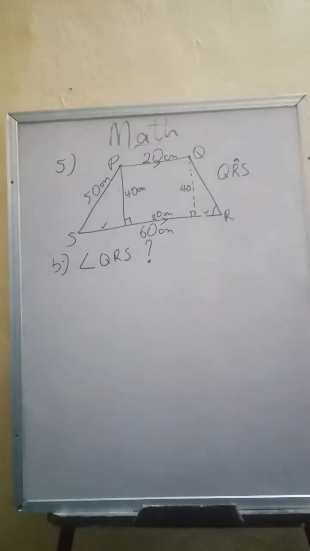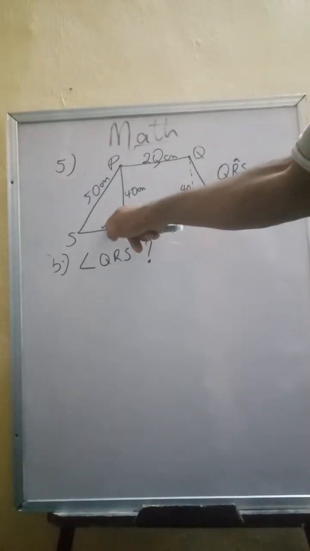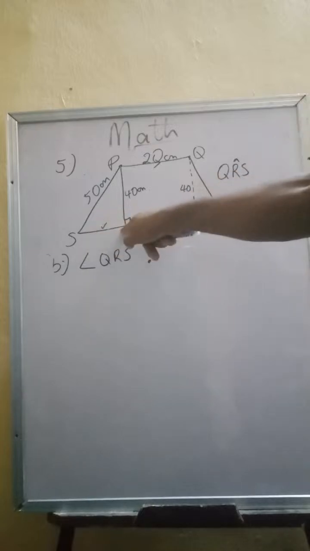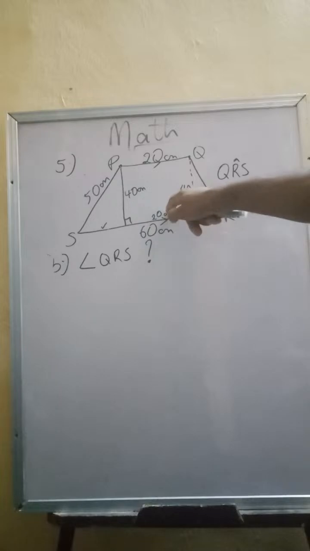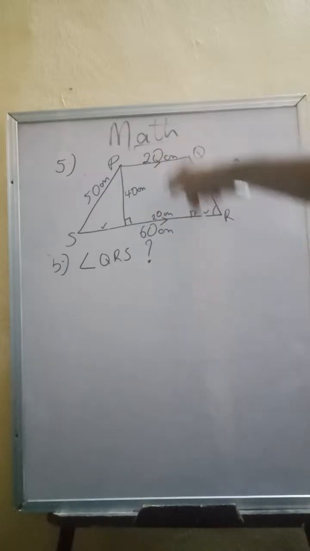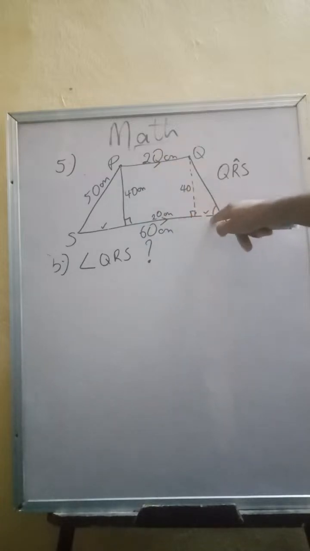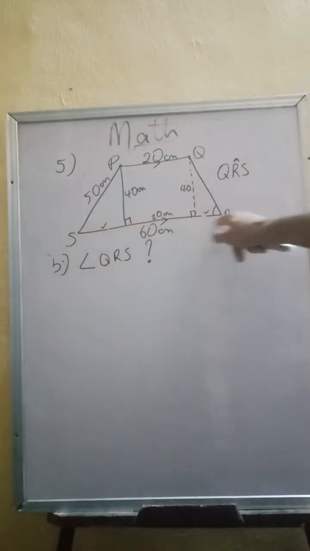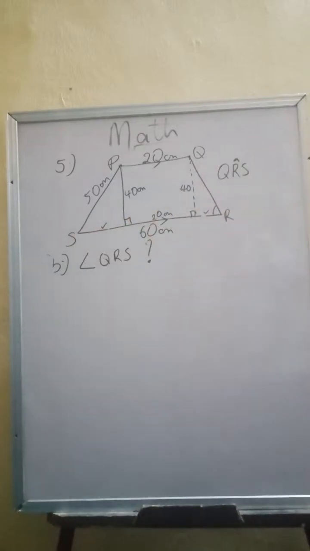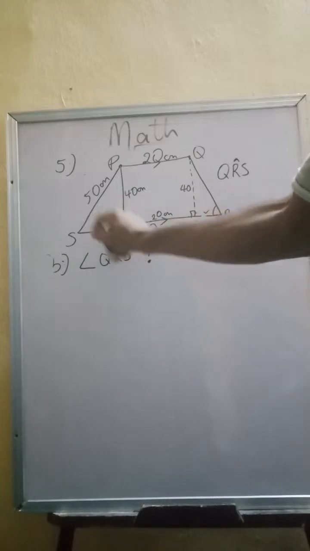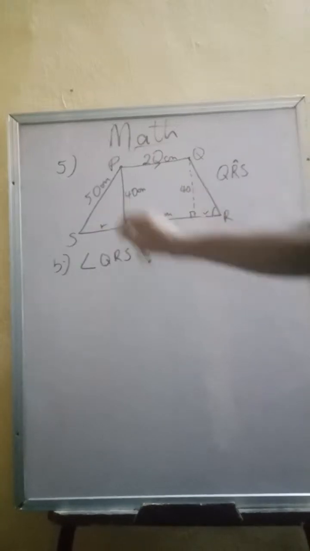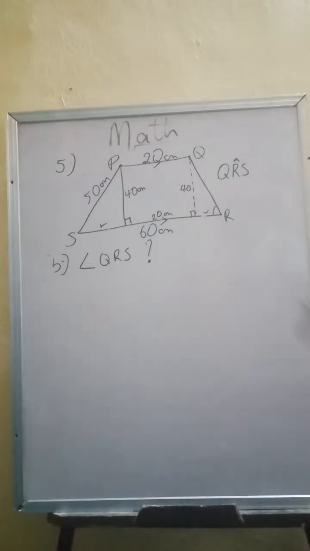To get that done, we'll have to follow the protocol. First of all, we'll have to find the length of this side, then go on to the length of this, which we've gotten is 20, then you'd find the length here. But observe that SR is 60 cm, that's the length. So permit me to call this small letter r.